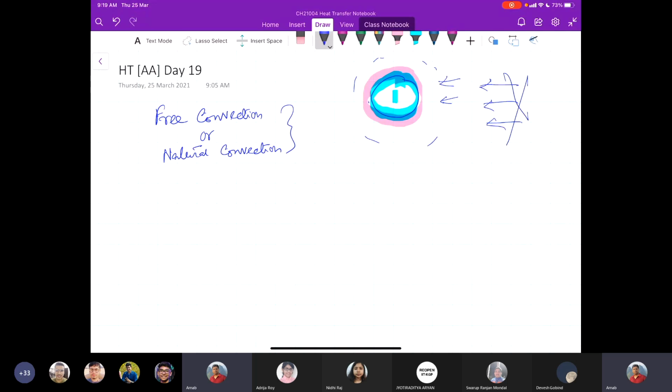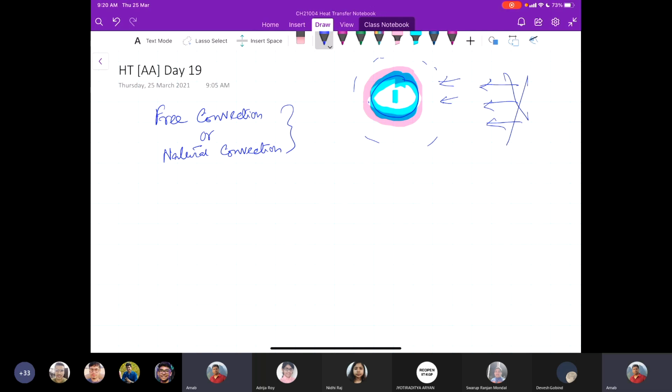And then comes the influence of gravity, or the gravitational field. Once the density decreases, it will try to go upward.